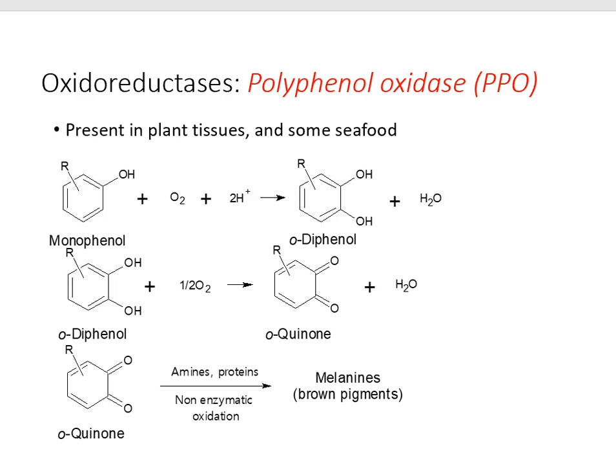Another oxidoreductase enzyme commonly used in the food industry is polyphenol oxidase, PPO. It's present in plant tissues and some seafood.